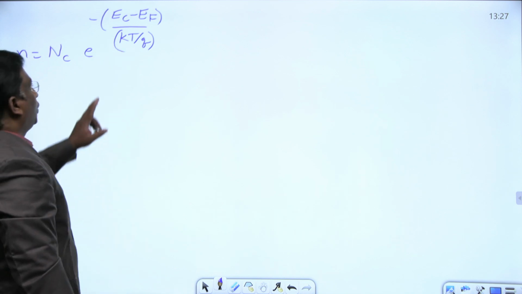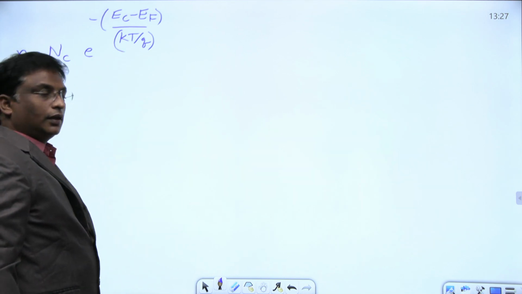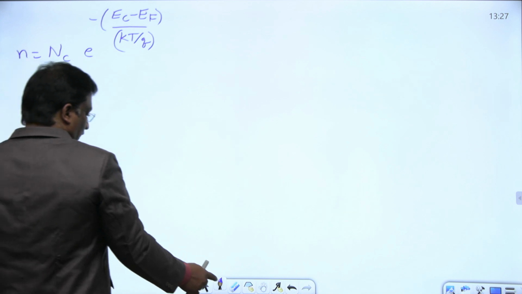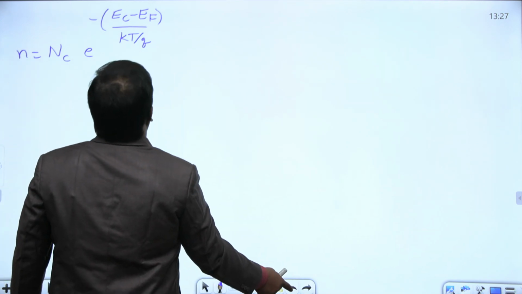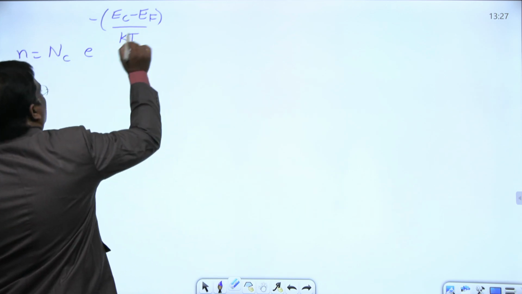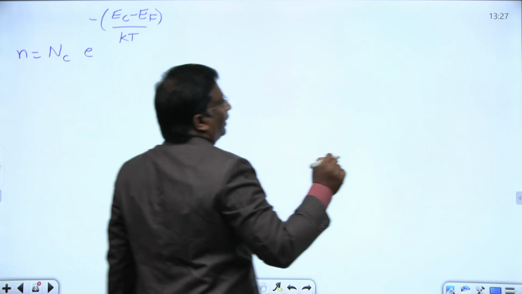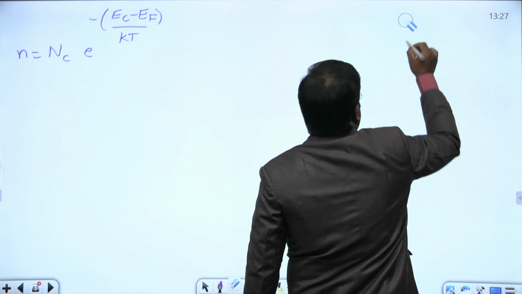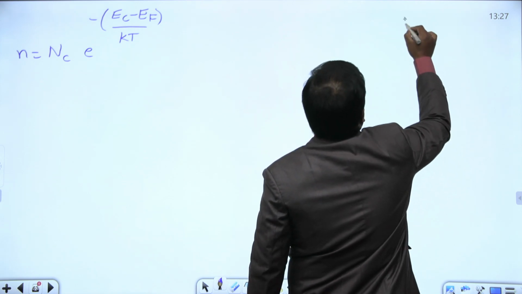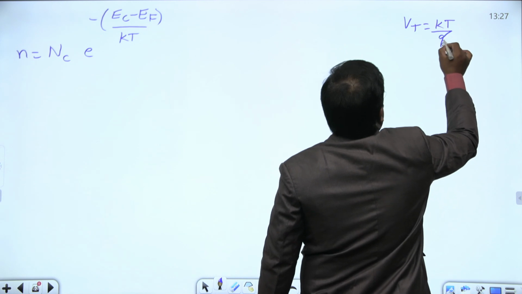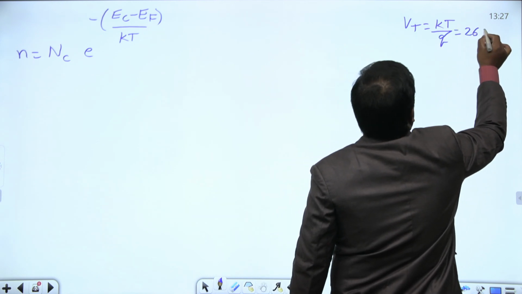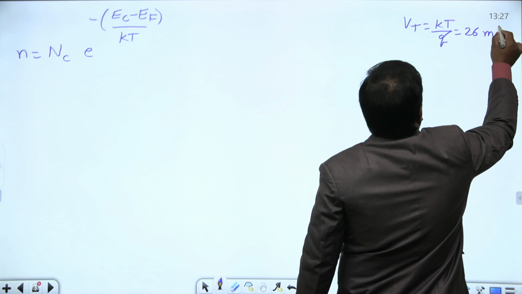This Kt by Q value is Vt, and here the Kt is directly given in electron volts. Usually the value of Vt is nothing but Kt by Q, which is 26 millivolts.